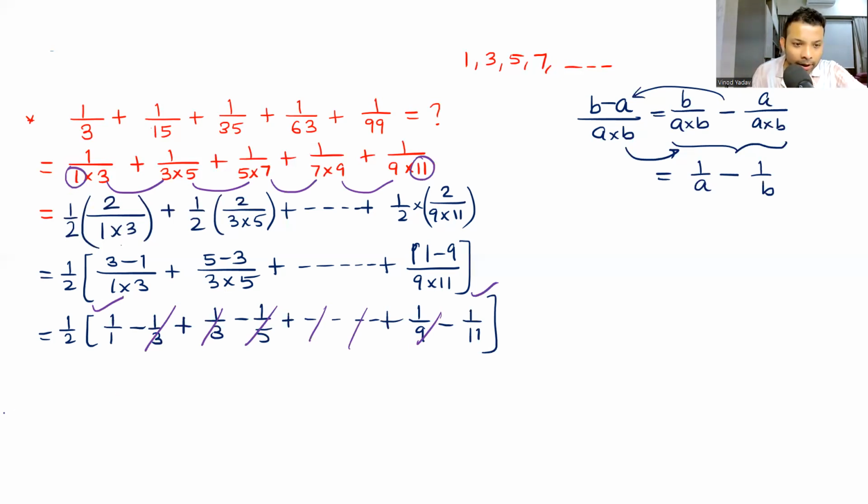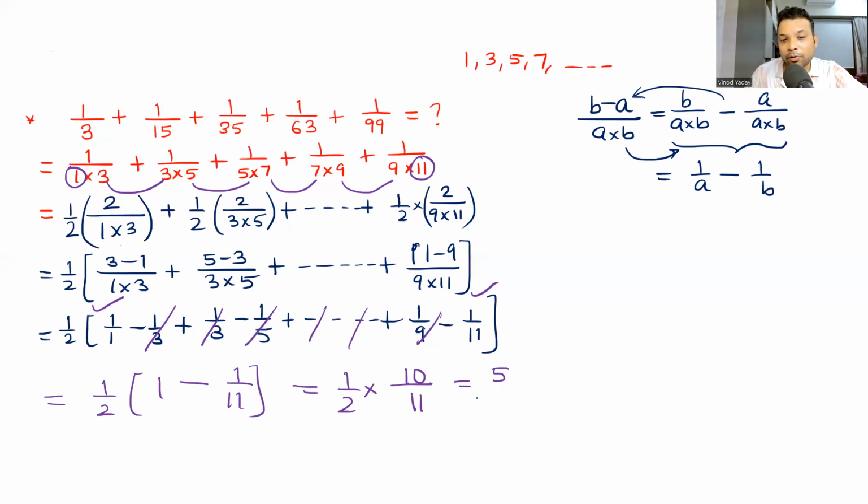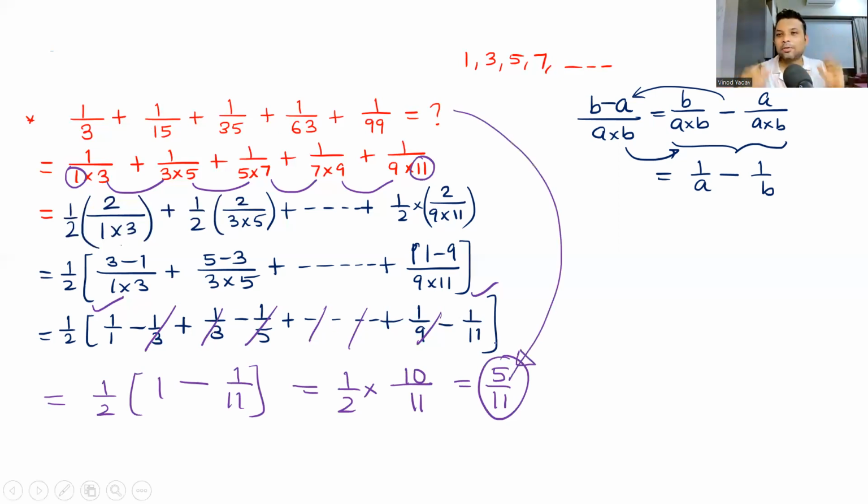So basically I can write this as 1 by 2 times 1 by 1 minus 1 over 11, which is 11 minus 1 10 over 1 into 11. 11 2 5 are 5 over 11. Samjha? So the final answer for such a big addition of all the fractions is ultimately 5 by 11. See how comfortably we did it. That's the beauty. Converting an uncomfortable situation into a comfortable situation, that is only the talent.